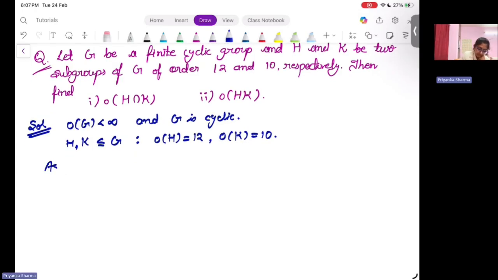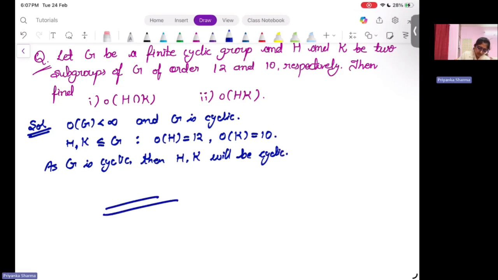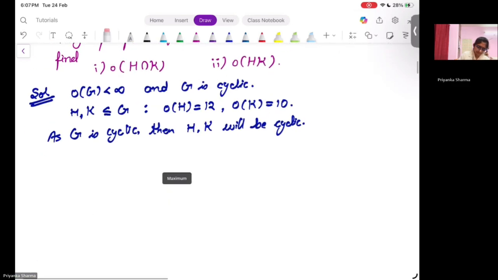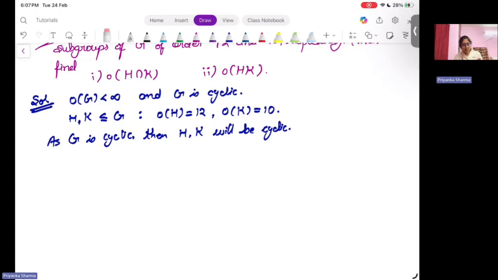Now, as G is cyclic, then H and K will be cyclic subgroups of G. Okay, as all the subgroups of a cyclic group are again cyclic. Okay, so H and K are cyclic. Now, H and K are cyclic finite groups, and we know that every finite cyclic group is isomorphic to Zn if order of that subgroup is n.